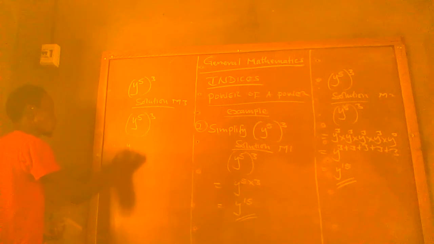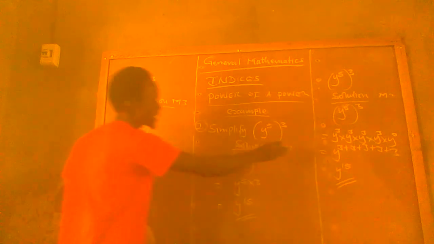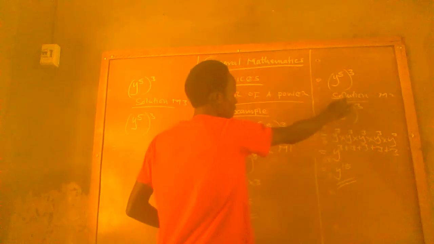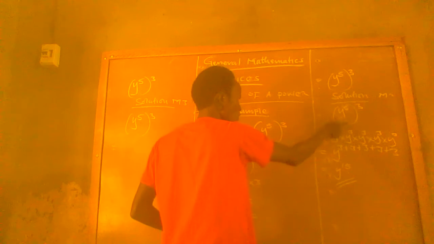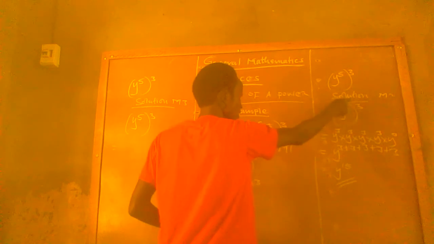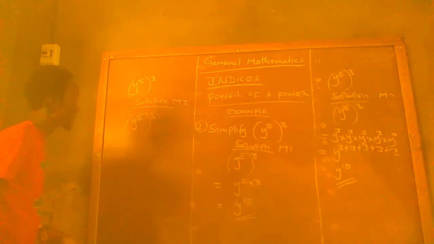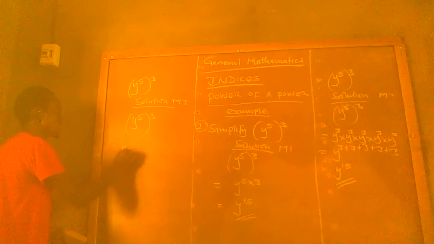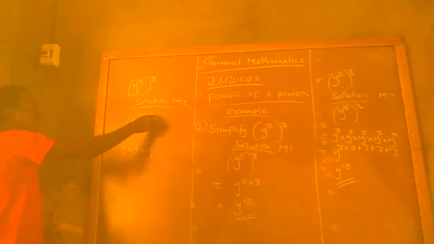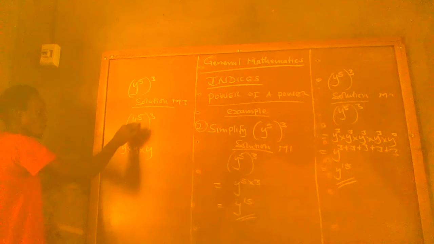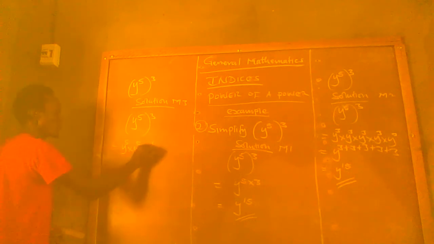This is now equal to y. Here in this case we multiply the base 3 times, we indicate the power 5 to each base. That is to say y times y times y, because y is raised to power 3. Now I'm going to indicate 5 to each base here. That is power 5, power 5, power 5.